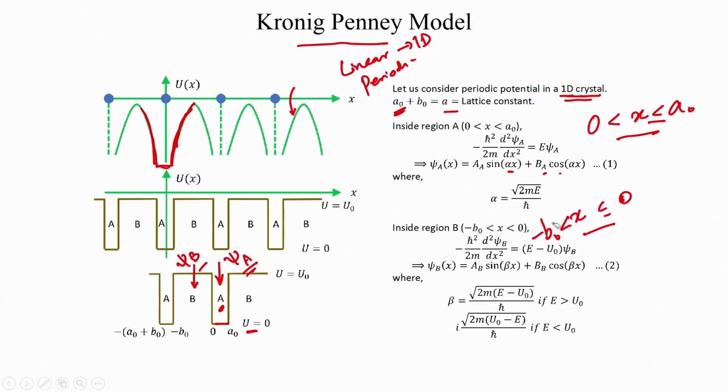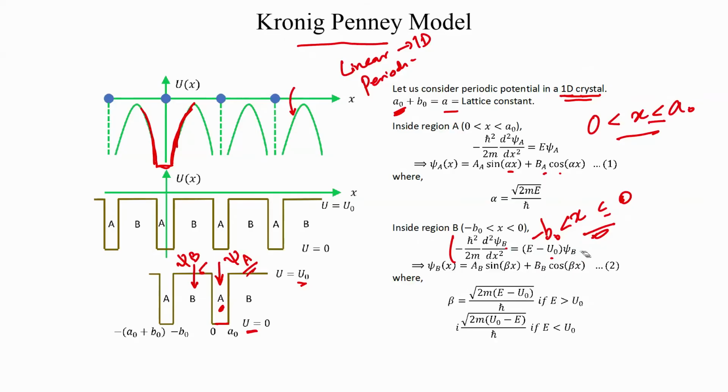Now in region B, we have a potential term which is not 0. So the potential energy is not 0, and therefore we now have Schrodinger's equation which looks like this: minus h bar square by 2m dou square psi b by dou x square is equal to E minus U naught into psi b.